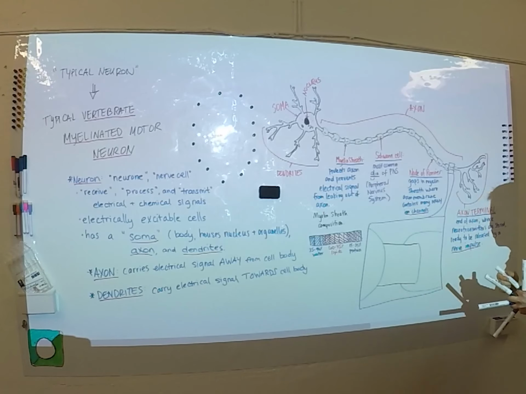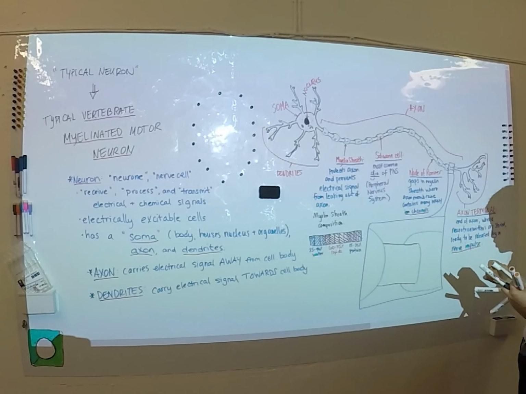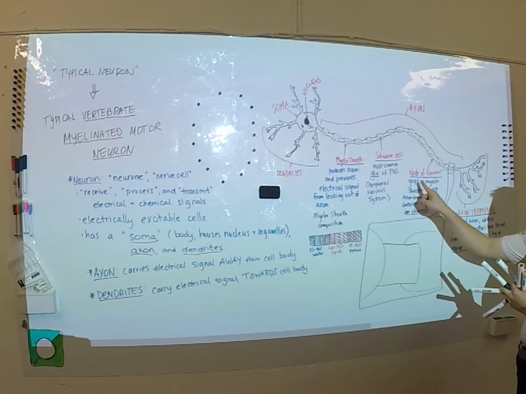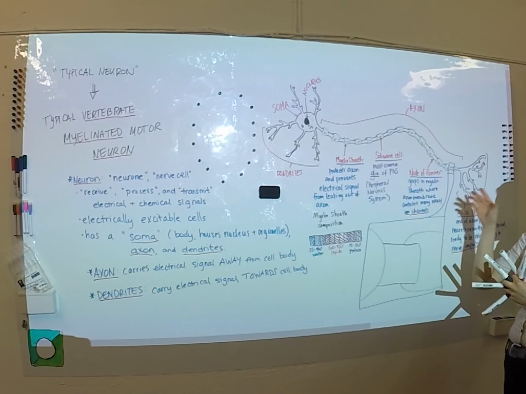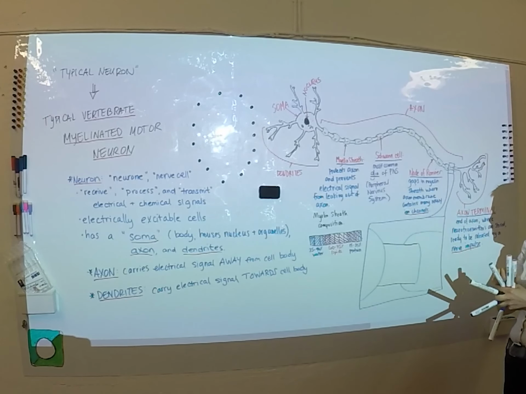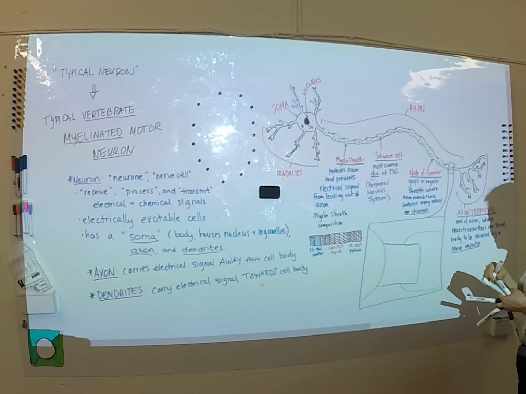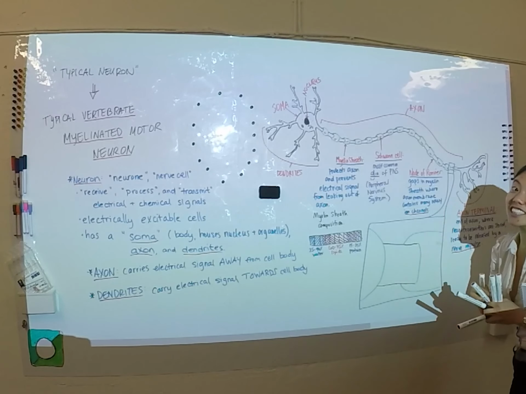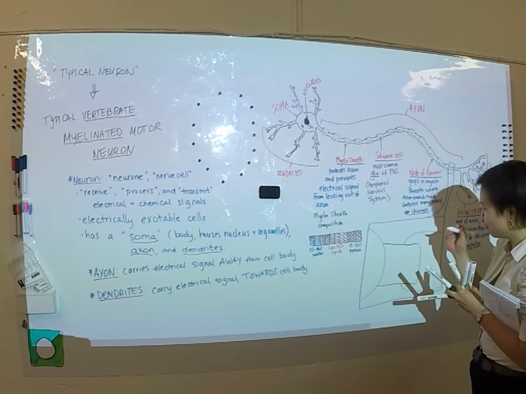All right, now that we've zoomed in, this is what it looks like. I said earlier that this is the part of the axon membrane that contains many, many ion channels. So we are going to draw lots and lots of ion channels. Okay, here we go.